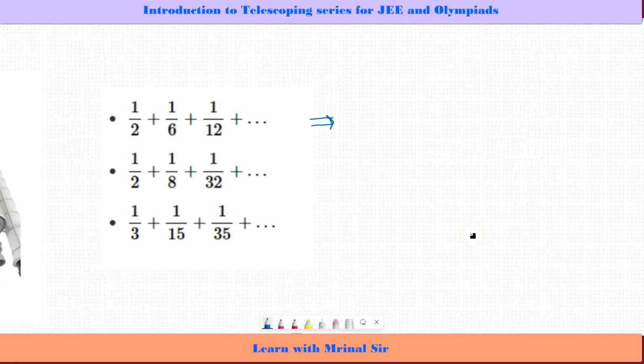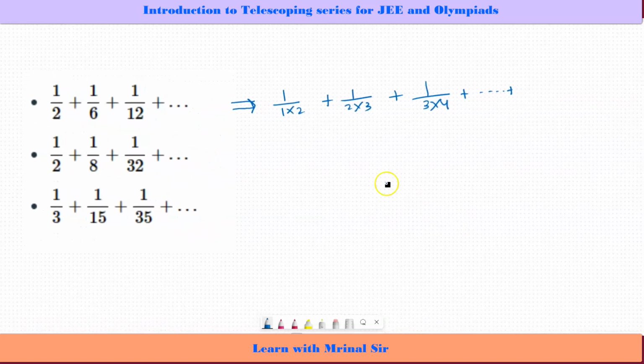We'll write it as 1 by 1 into 2, 1 by 2 into 3, plus 1 by 3 into 4. This way, if you write the whole series, the nth term is going to be 1 by n into n plus 1. This is an arithmetic progression: n, this multiplied by 2, 3, 4, like this, it is n plus 1.